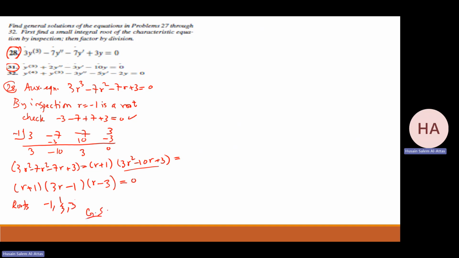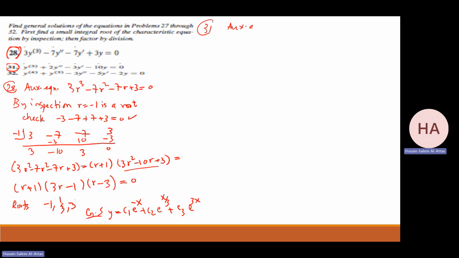General solution, y equals C1 e^(-x) plus C2 e^(x/3) plus C3 e^(3x). Yeah, that's 28. Perfect.